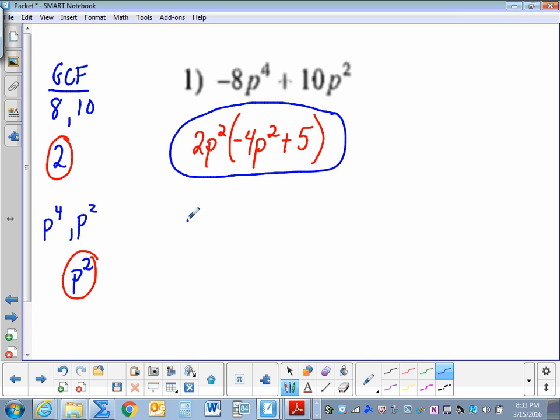And now I'm just going to check. I'm going to multiply the numbers together. I'm going to add the exponents. And when I distribute, I end up with what I started with, so I know it's correct.